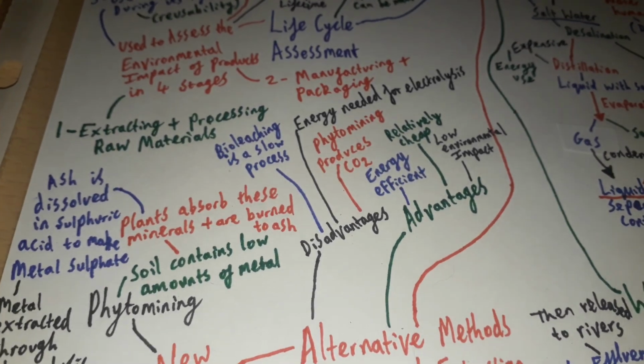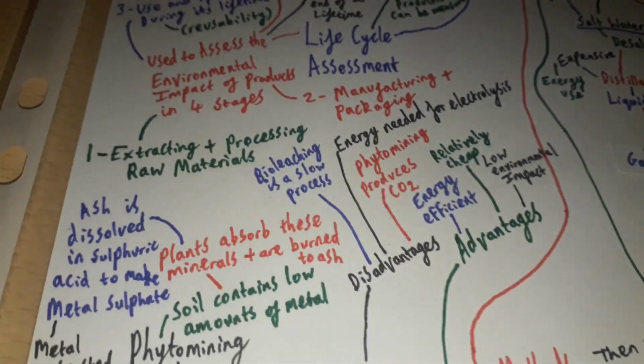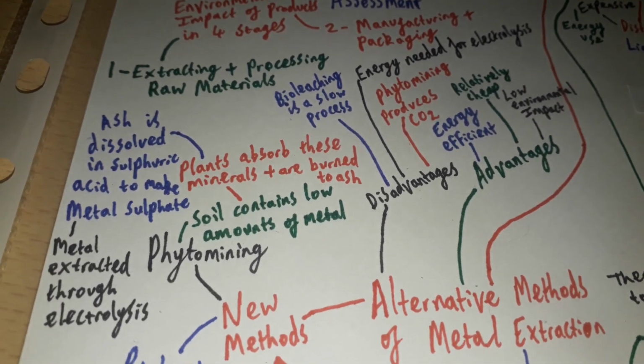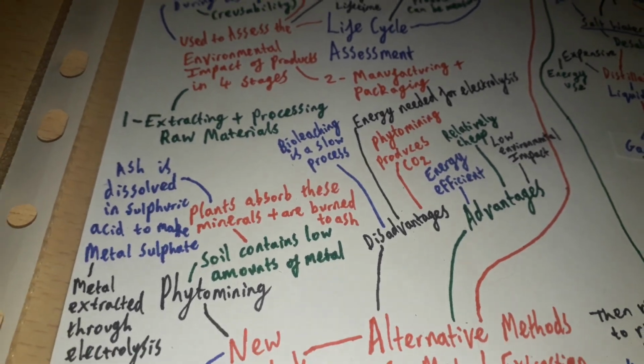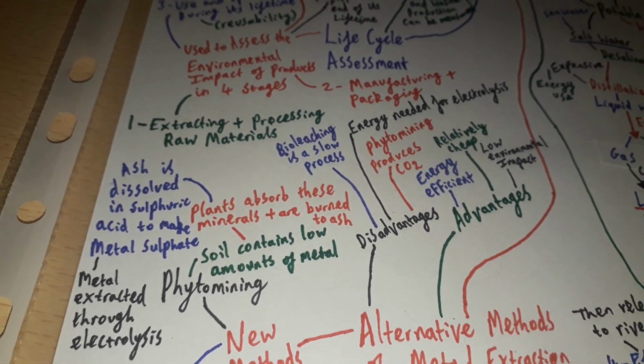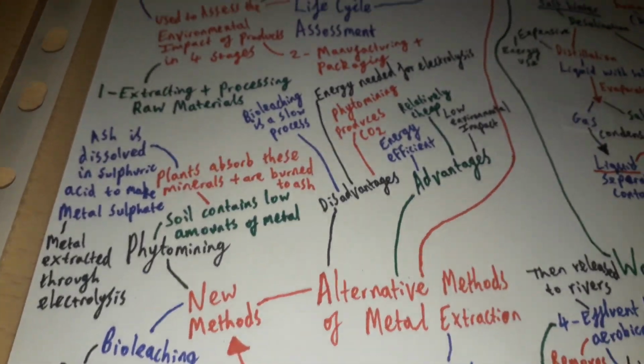Plants absorb these minerals, and then if they're burned to ash, the ash can be dissolved in sulfuric acid to make metal sulfate. Then the metal can be removed from the sulfate using electrolysis to get us just the metal. So it uses electrolysis again, like bioleaching.